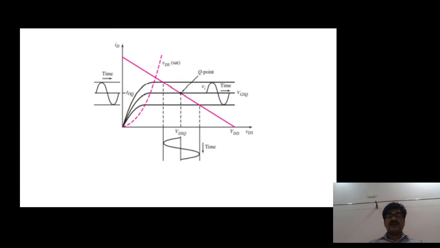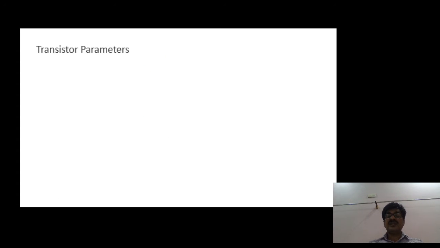After that, as usual, like the BJT transistor, let us see how to derive the AC equivalent circuit. But before going to see that equivalent model, with reference to the MOSFET, one of the parameters is the transconductance gm.